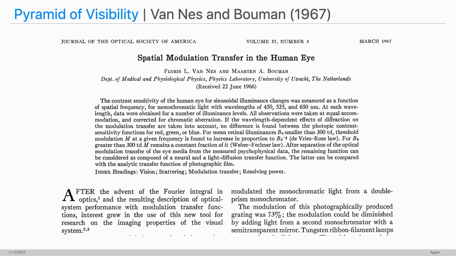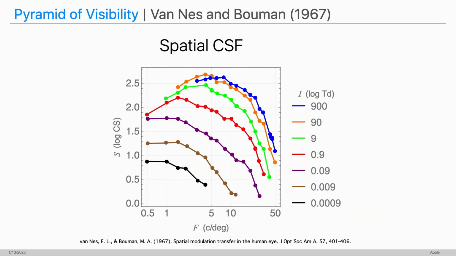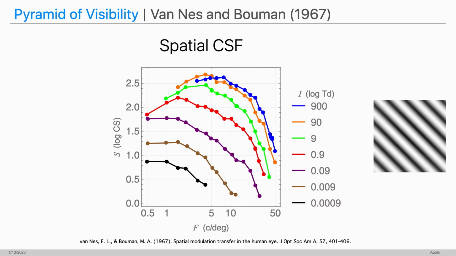Now we're going to look at spatial modulation. Again, a very old and classic paper from Van Nes and Bouman. And here's their data. And of course, they look quite similar to the temporal ones, except that the horizontal axis is now spatial frequency in cycles per degree on a log axis. And again, the different color curves are for different adapting luminances in log trolands.